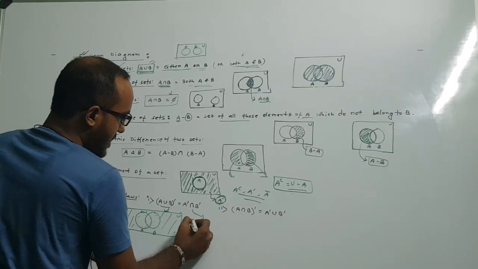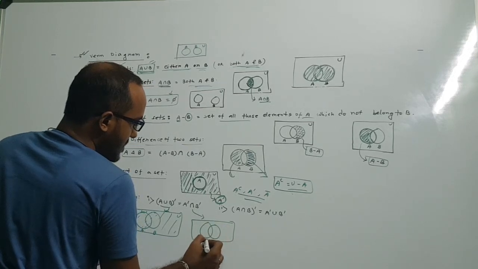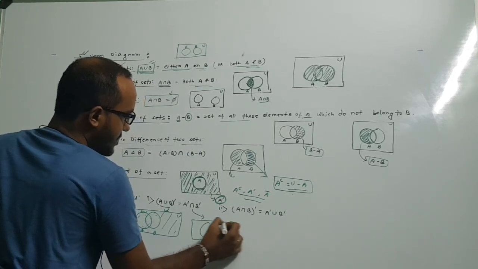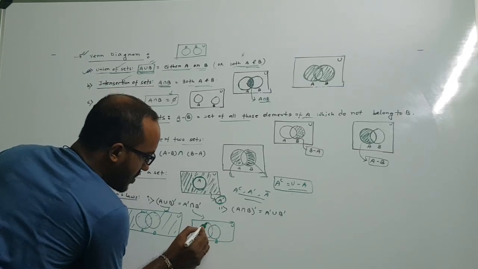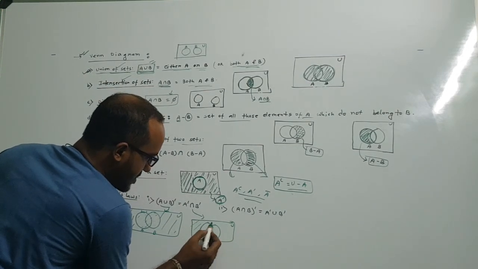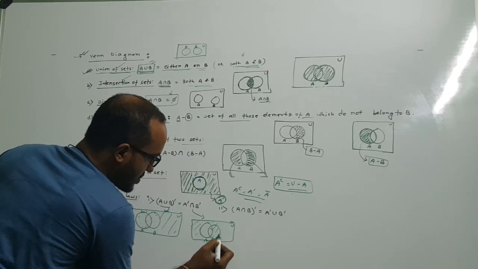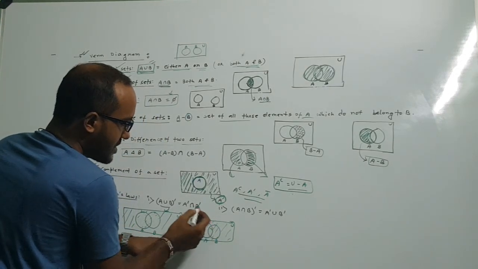And what will be the diagram for the other side? This is the A set, this is B, this is the universal set. Now A complement means we are omitting the A elements from the universal set, so this whole thing, including all of B, will come. Now what will be the B complement?